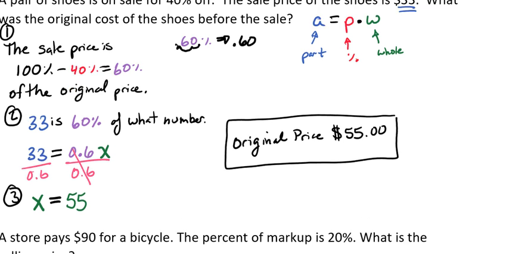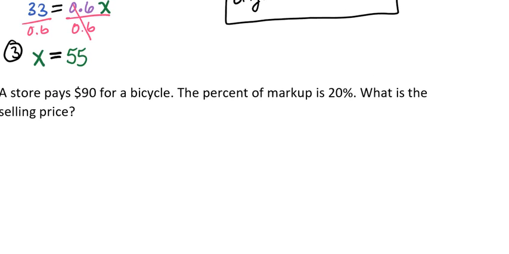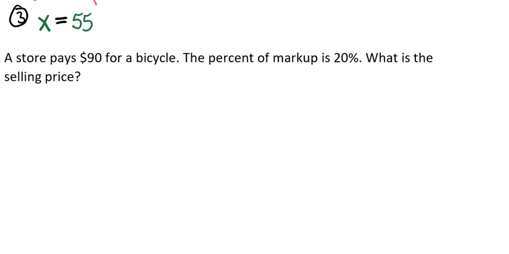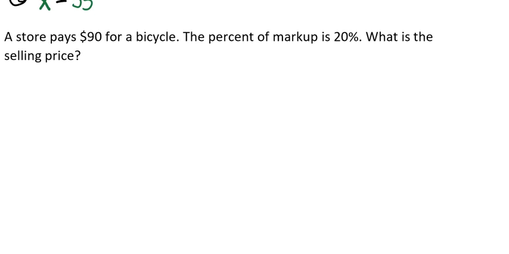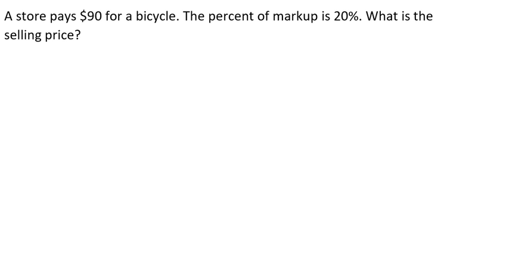Let's find the selling price of something. In this example, a store pays $90 for a bicycle, and the percent of the markup is 20%. What's the selling price? We're going to use our percent equation again: A, our part, equals our percent times our whole amount.